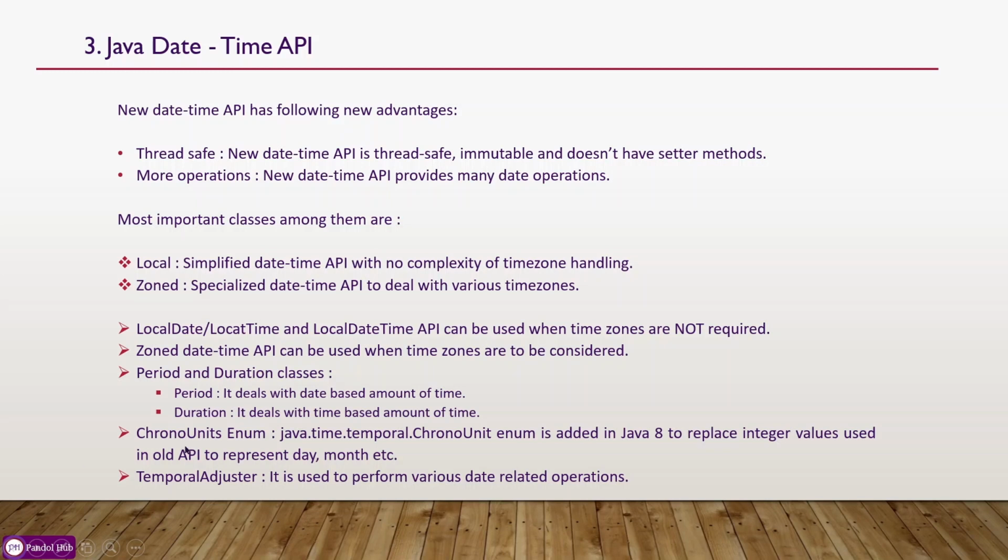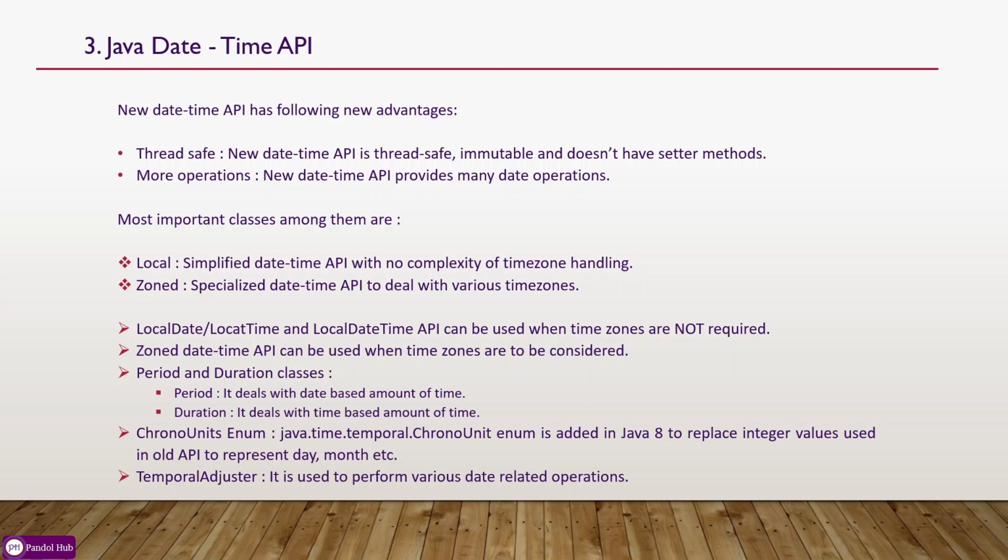So chrono units, which is an enum. Java time temporal ChronoUnit enum. This enum was added in Java 8 to replace integer values used in old APIs to represent day and month. So instead of integer values which we use to represent different days, months and years in a datetime API, Java 8 has come up with a new enum called ChronoUnit.